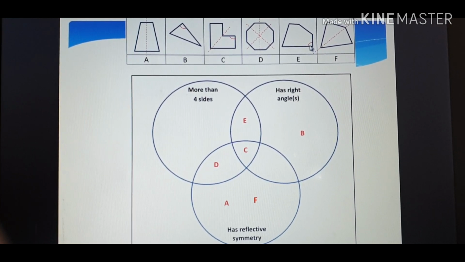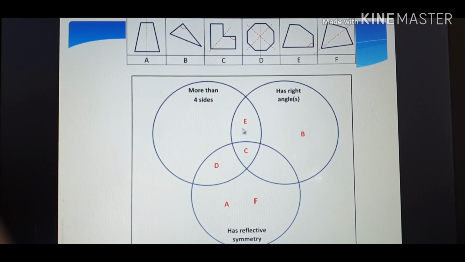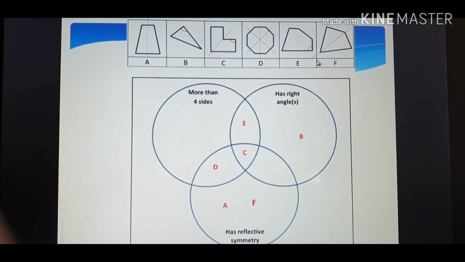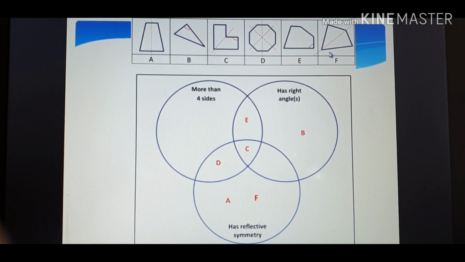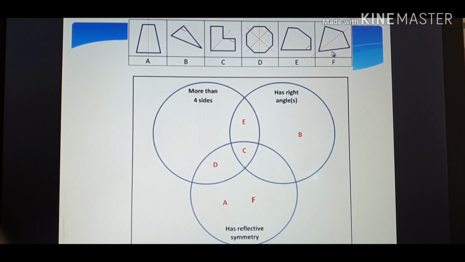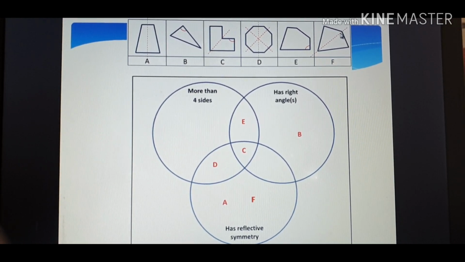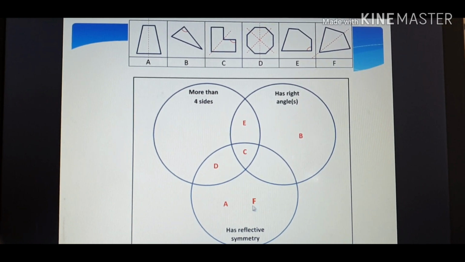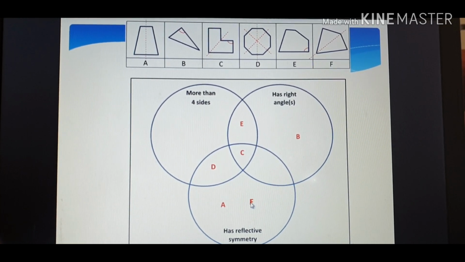Yes, this one is a right angle. Reflective symmetry? No. So it's in the intersection between these 2 circles up. The last one, F, more than 4 sides? No. Has a right angle? No. Has a reflective symmetry? Yes. So it's here in the circle down.